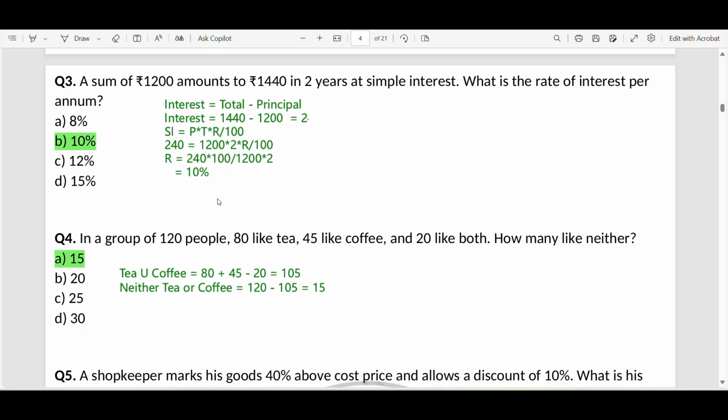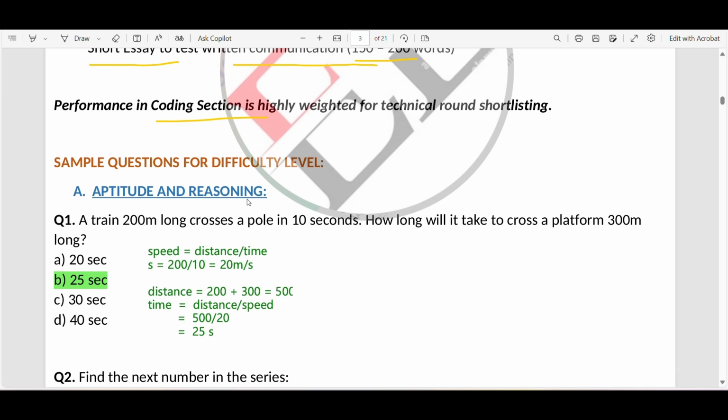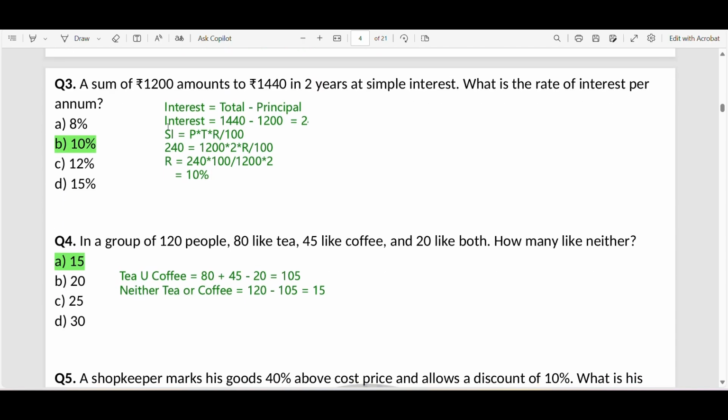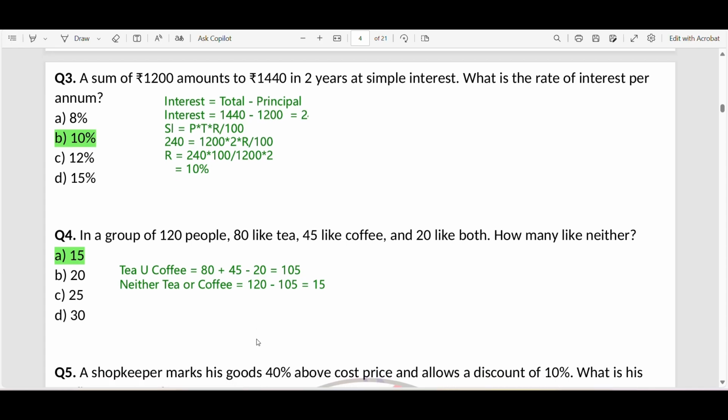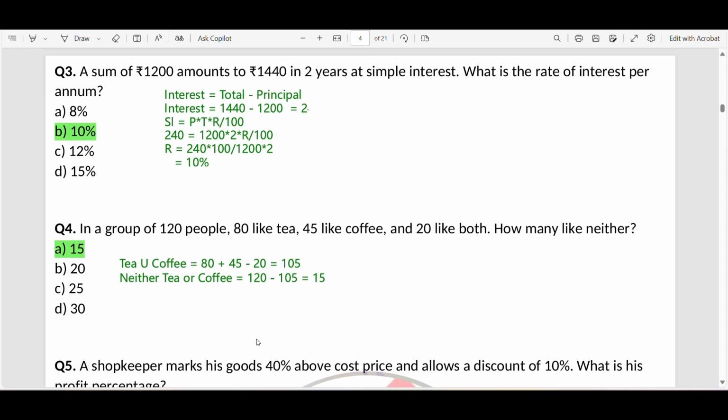And the next, third question we are having is: a sum of 1200 amounts to 1440 in 2 years at simple interest. What is the rate of interest per annum? I thought of explaining with typing it, but I did everything up to this fourth question, and after that I checked whether the audio was recording or not.